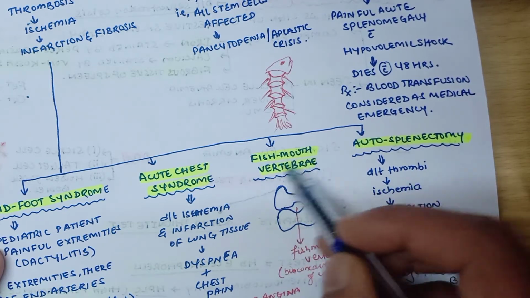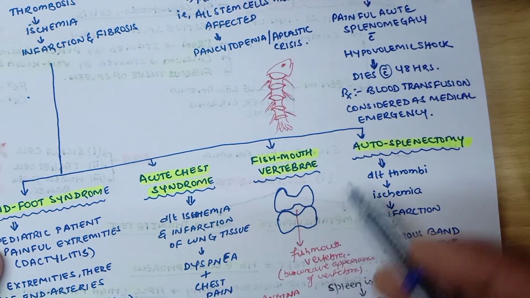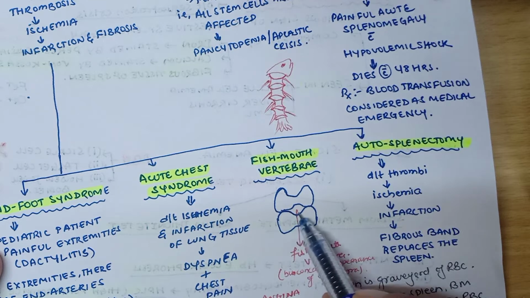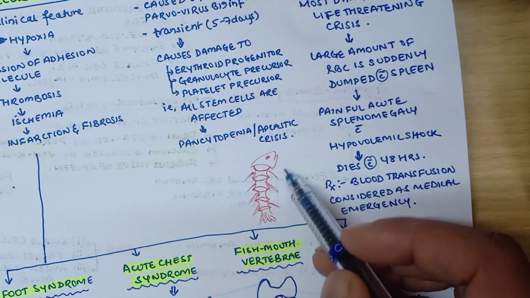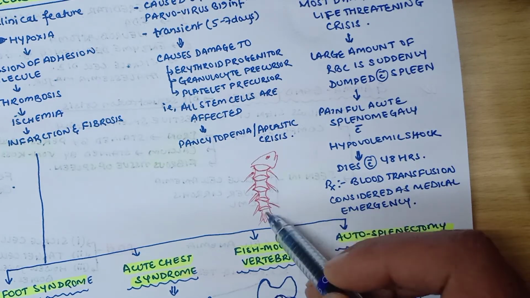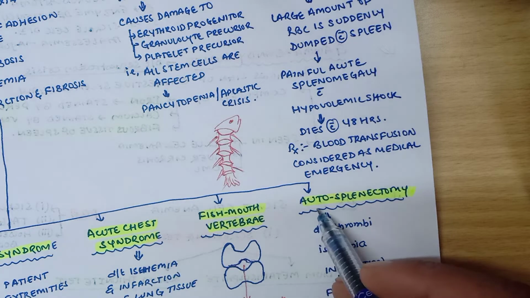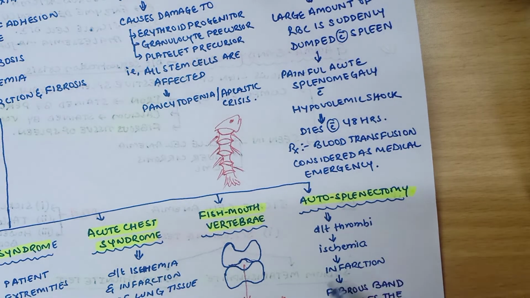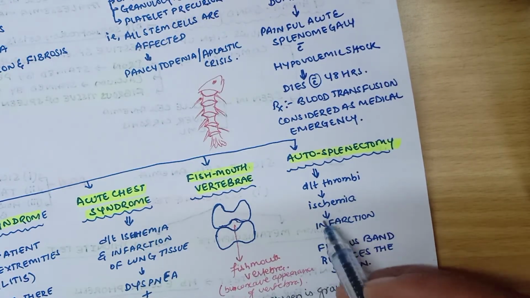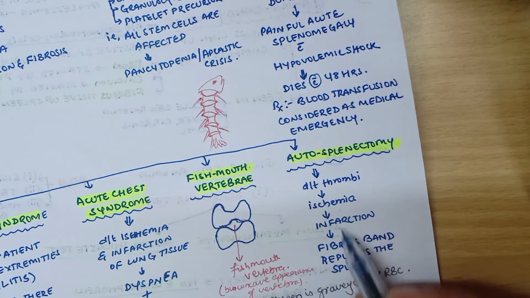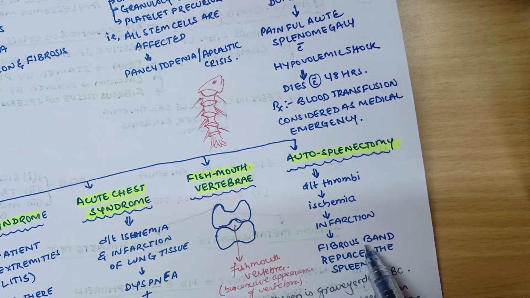This fish mouth vertebra is a biconcave appearance of the vertebra, which will look like the vertebra of a fish. They may also present with autosplenectomy. Due to thrombi, ischemia will develop, which will lead to infarction, and a fibrous band will replace the spleen.